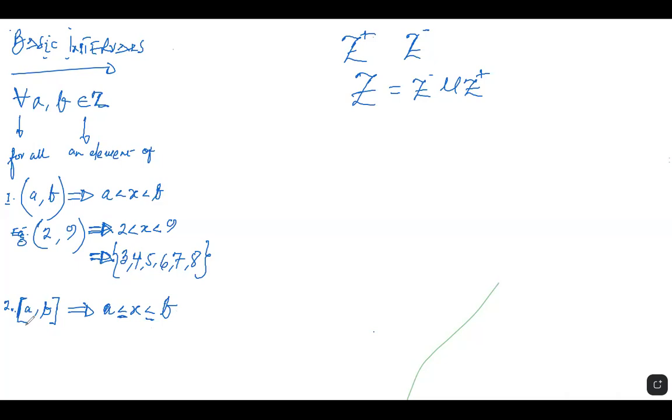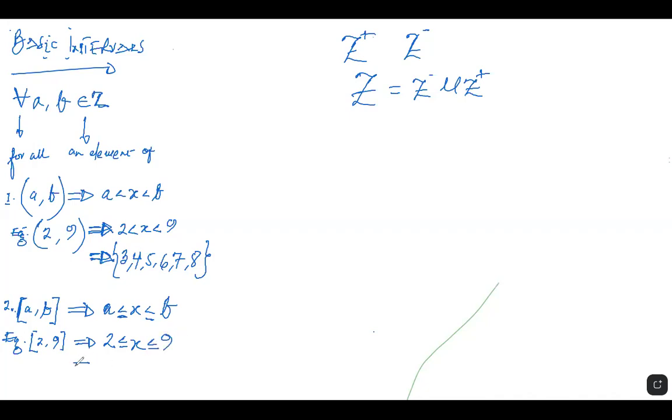Okay, good. So example, let's use the same example, 2, 9. This will mean that what we're interested in are the values that move from 2 to 9. So 2 is less than or equal to X, X is less than or equal to 9.